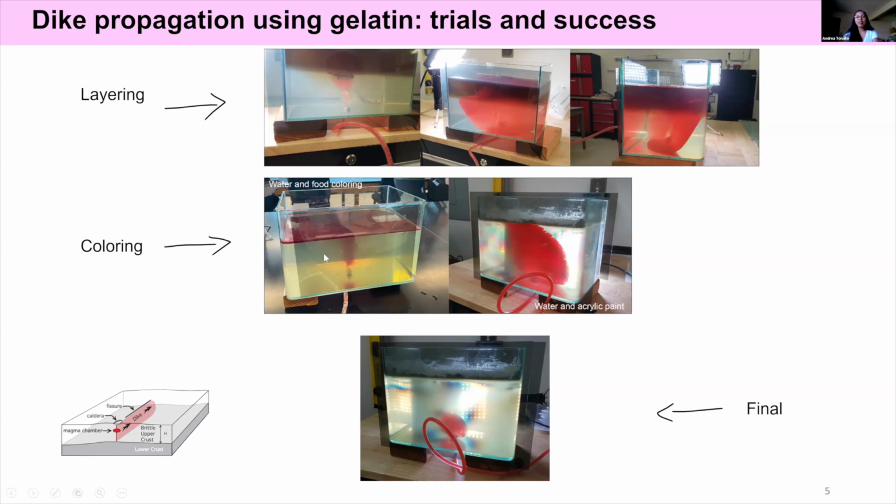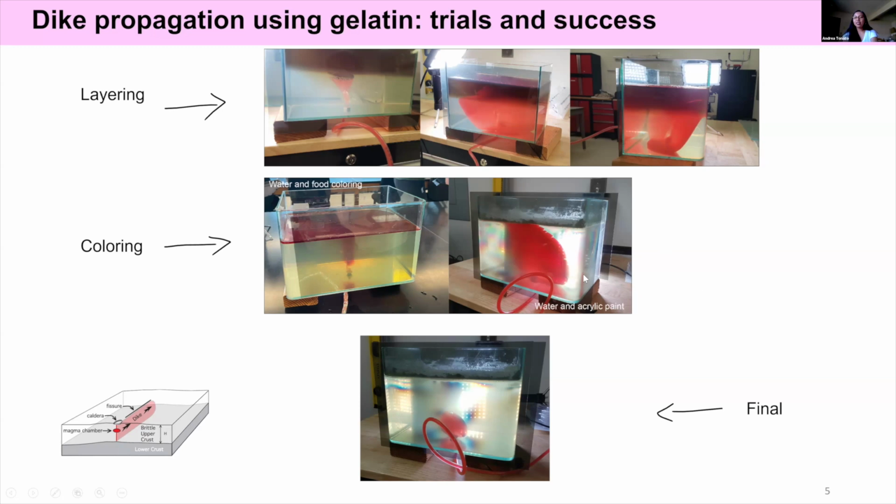And also with the coloring, we tried different food colors, and some of them were very liquid, so it didn't really paint the path of the fluid going to the surface. But we found that acrylic paint was the best choice for color because it really stained the gelatin, and it was very easy to see through all the process during the whole experiment.